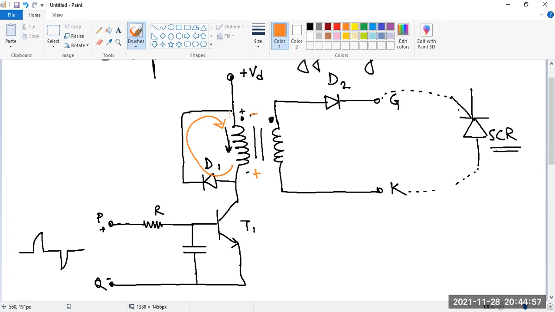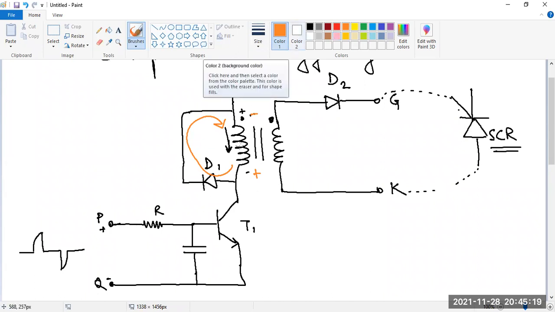Why? Can you tell me? আমরা শুধু ডায়োড না দিয়ে তার সাথে একটা ক্যাপাসিটর দেওয়াটাকে প্রেফার করি। Why? Because that will be an LC circuit, and the transfer of energy will be faster from L to C than from L to R.